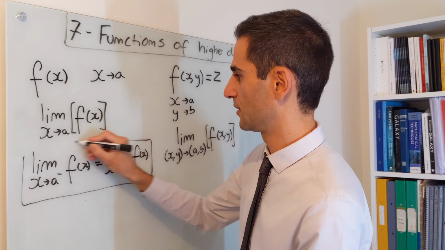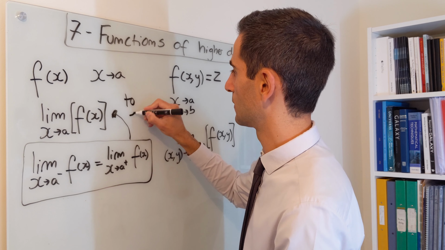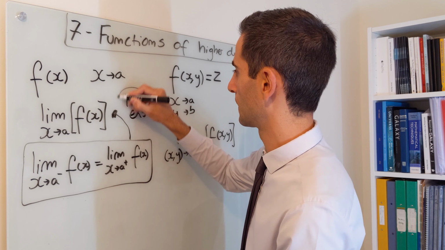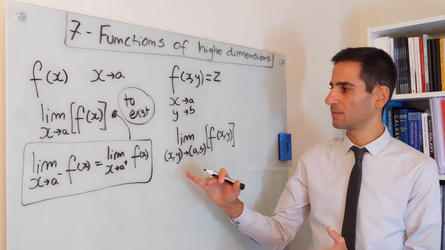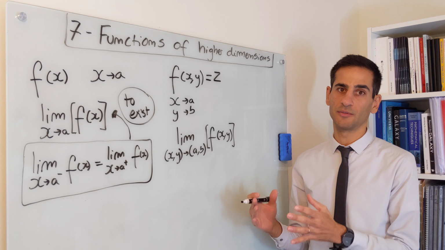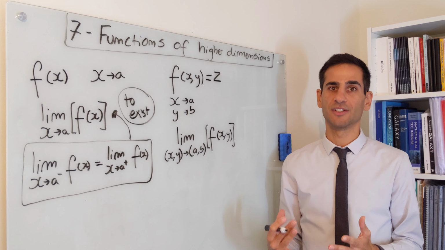This was the condition for the limit to exist. What you could probably now ask is, is there a similar condition that we can apply to functions of more than one variable to know that the limit exists?